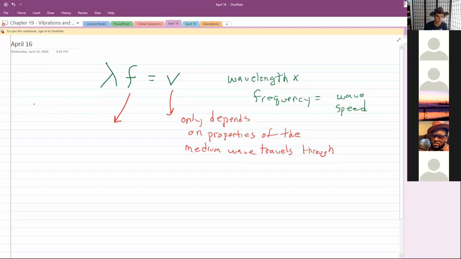So frequency is determined by the frequency of the oscillating object that produces the wave.